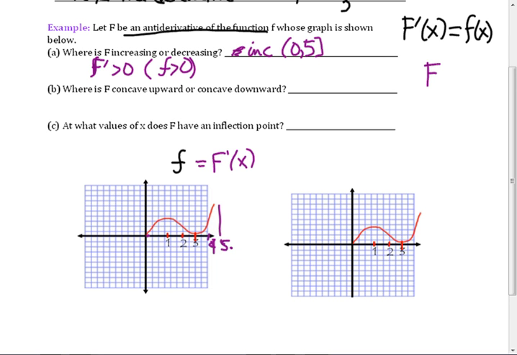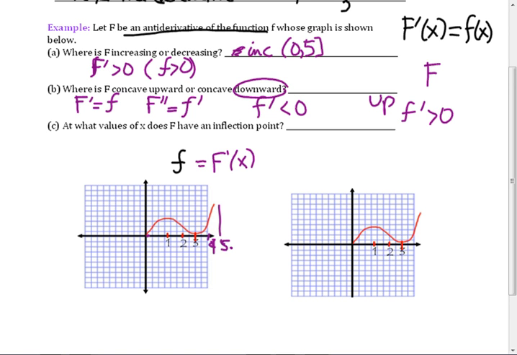Okay, guys? Where is capital F concave up? Okay, how do you find concavity? You have to look for F double prime. Well, F prime is equal to little f. So what's F double prime? It's concave down when the derivative of this graph right here, F prime, is less than 0. So we're down, that's this one, and it's up when F prime is greater than 0. So where is it down?